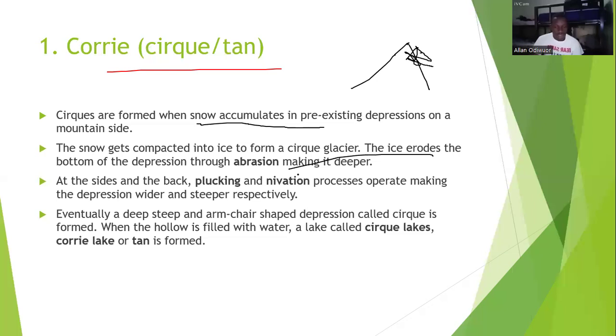Now at the sides, plucking and abrasion processes operate, deepening the depression. Then eventually a deep, steep, armchair-shaped depression called a cirque is formed. When that depression is filled with water, it's called a cirque lake, corrie lake, or tarn.